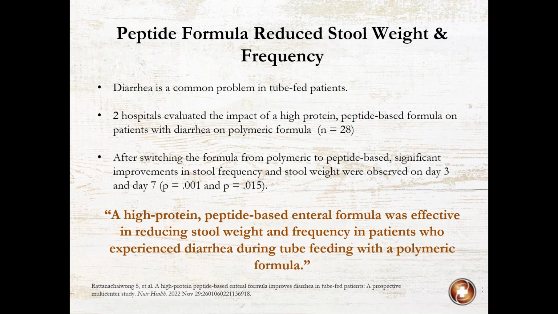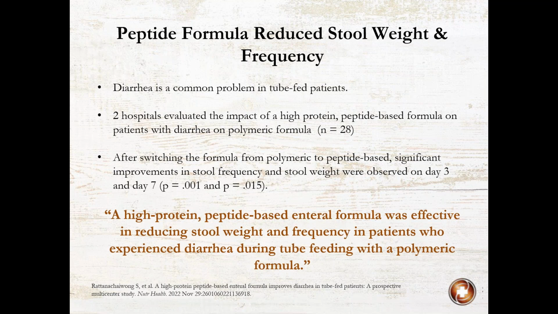And then when looking at the stool weight, it also decreased from 500 grams to 275 grams, which is almost half of that. And as we know, when we are having high output, high number of stools and large amount, that is an indication of malabsorption.